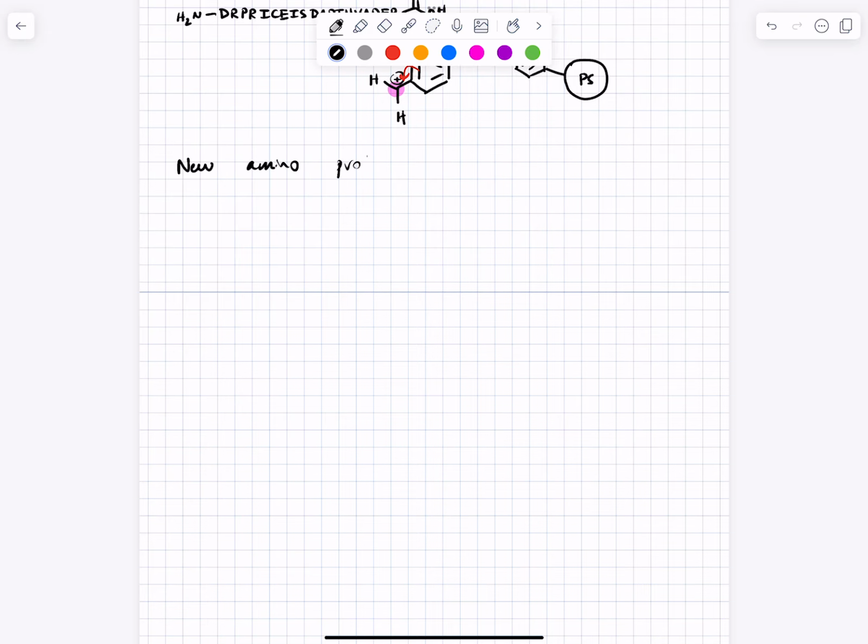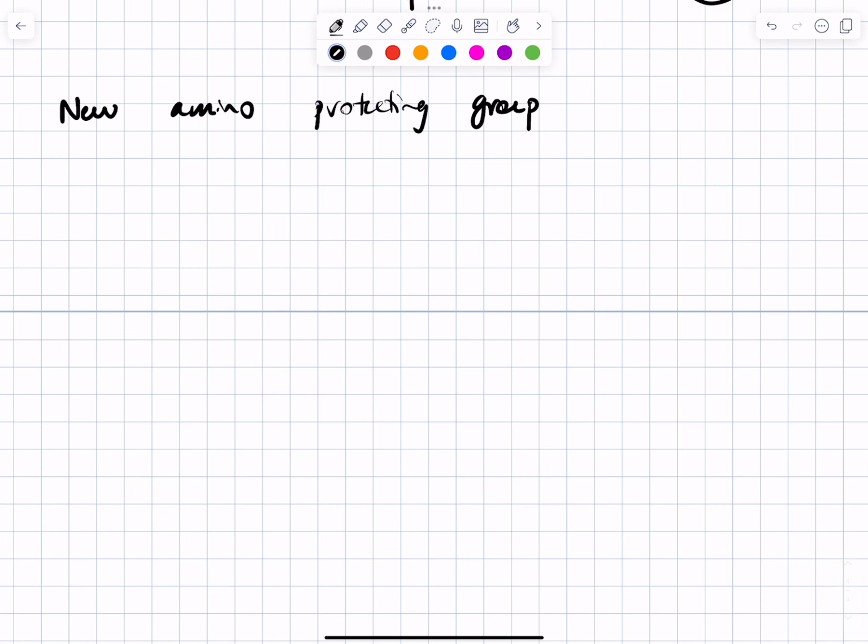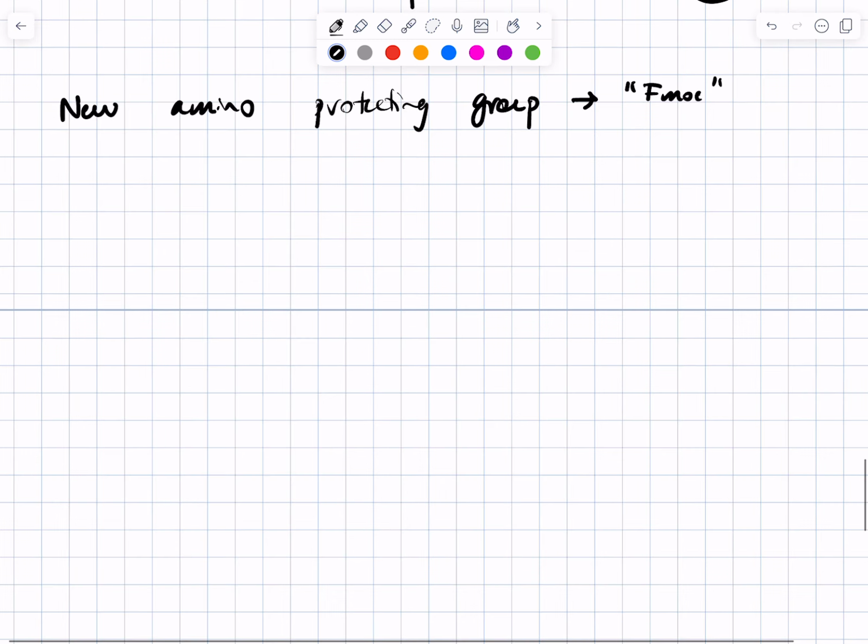You've read about this in your text, so I'm just going to introduce it to you now. We'll talk about it briefly, and then I'll show you how it fits in. That new protecting group is FMOC. Nobody says FMOC, okay? So you can try, but people will look at you funny if you do. FMOC, okay? So like Boc, here's your amino acid, here's your carboxylic acid group.